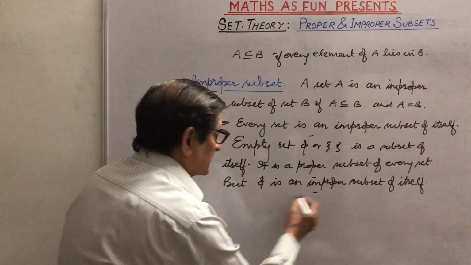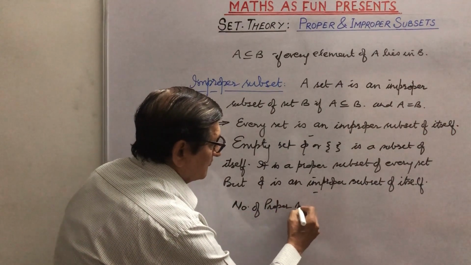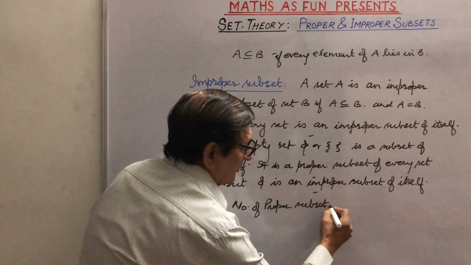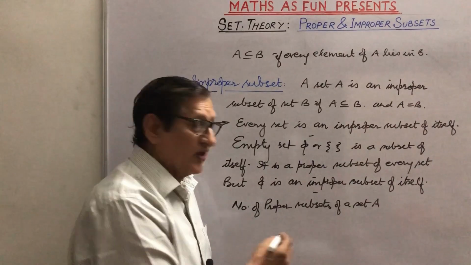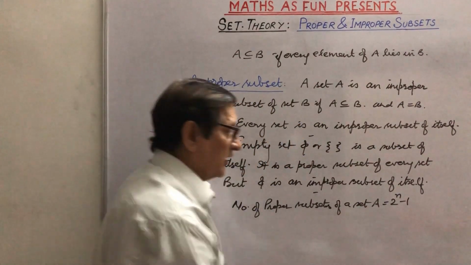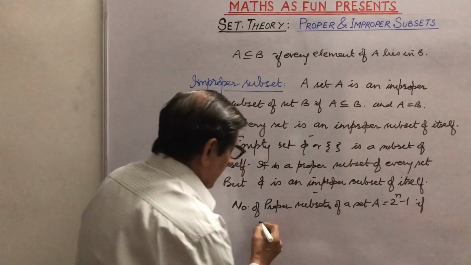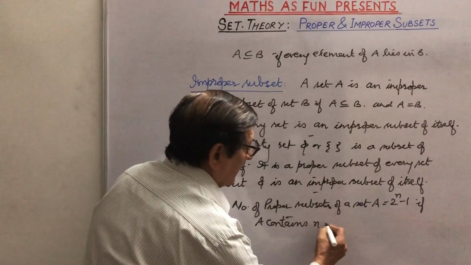It means, can we say that the number of proper subsets of a set A will be given by 2 to the power n minus 1 if A contains n elements?